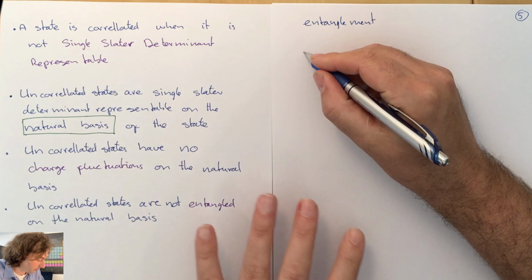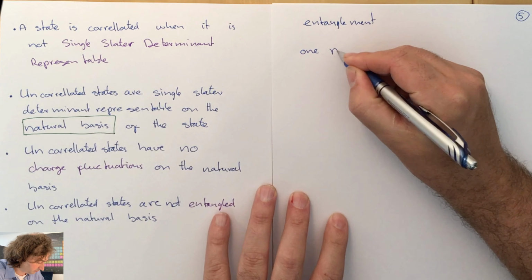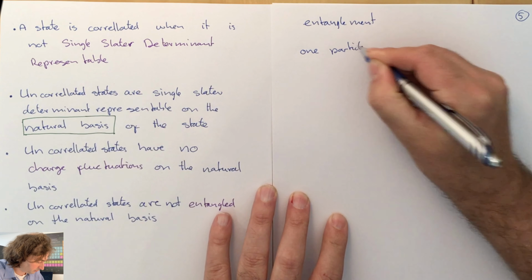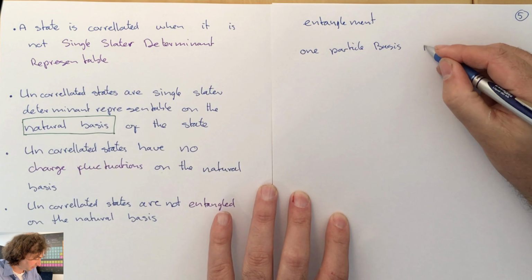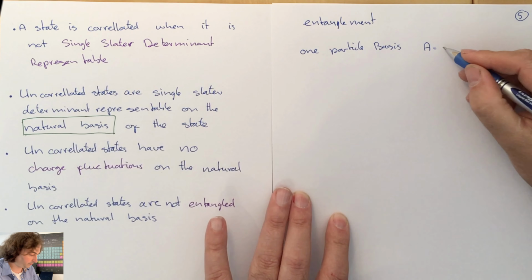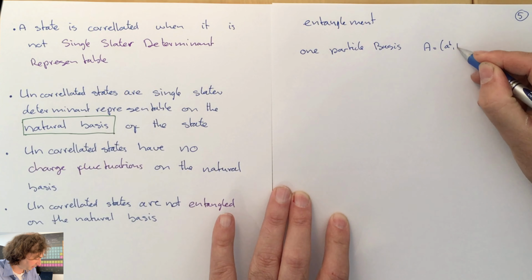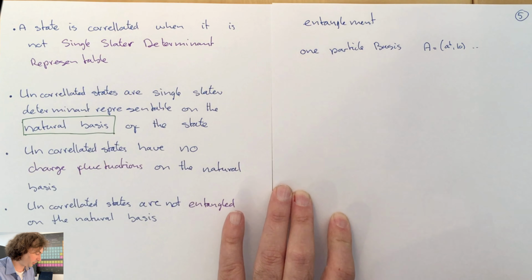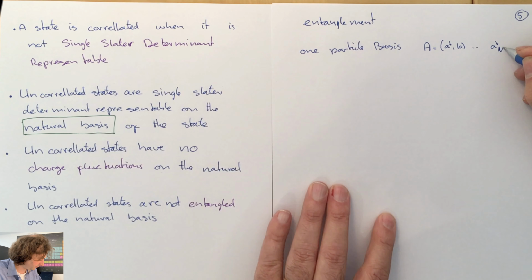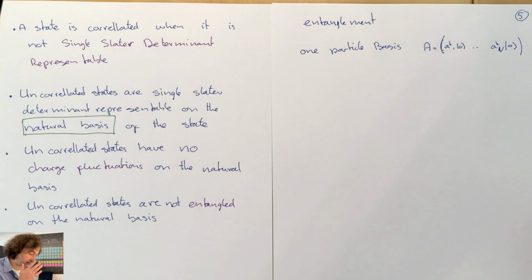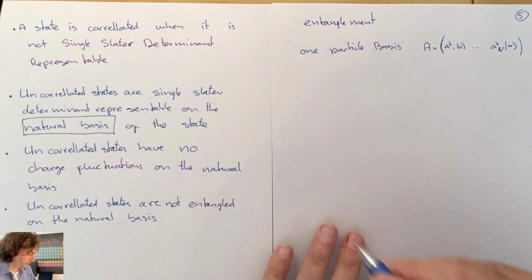So we start with a one particle basis. Let's call this A, given by the states where we create particles with quantum number 1 up to the states with quantum number n. So we have n one particle basis states.